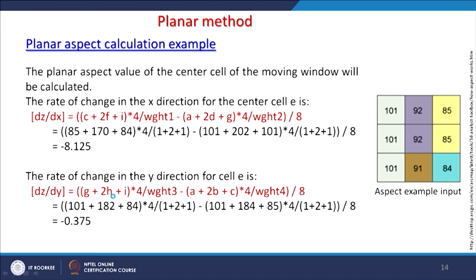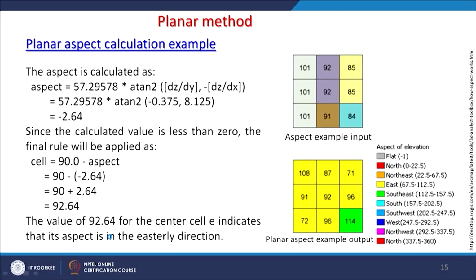An example is given here. This is my aspect calculation. So, this is my input raster, only a 3 by 3 example is given here. Values are substituted in the x direction equation, and values are substituted for the y direction calculation, and then you get these values. After this you have to combine them, and once you combine them, the value becomes 92.64 for the center cell E, which indicates that the aspect is in the easterly direction.